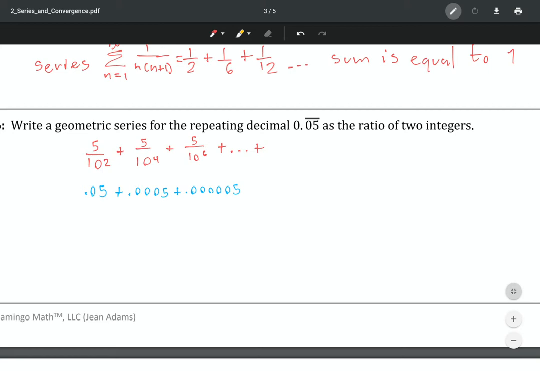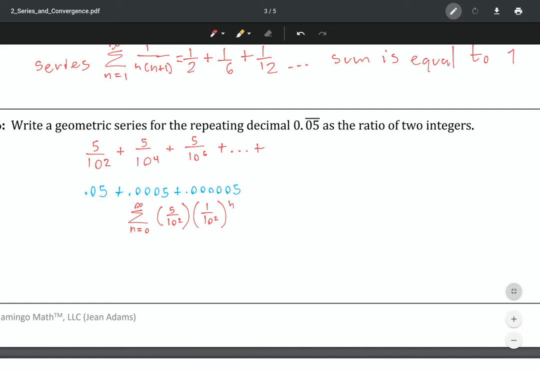So we can actually write this as a geometric series in the following way. If I go between 0 and infinity, I can say that A, my constant, is this, and the ratio is 1 over 10 squared.